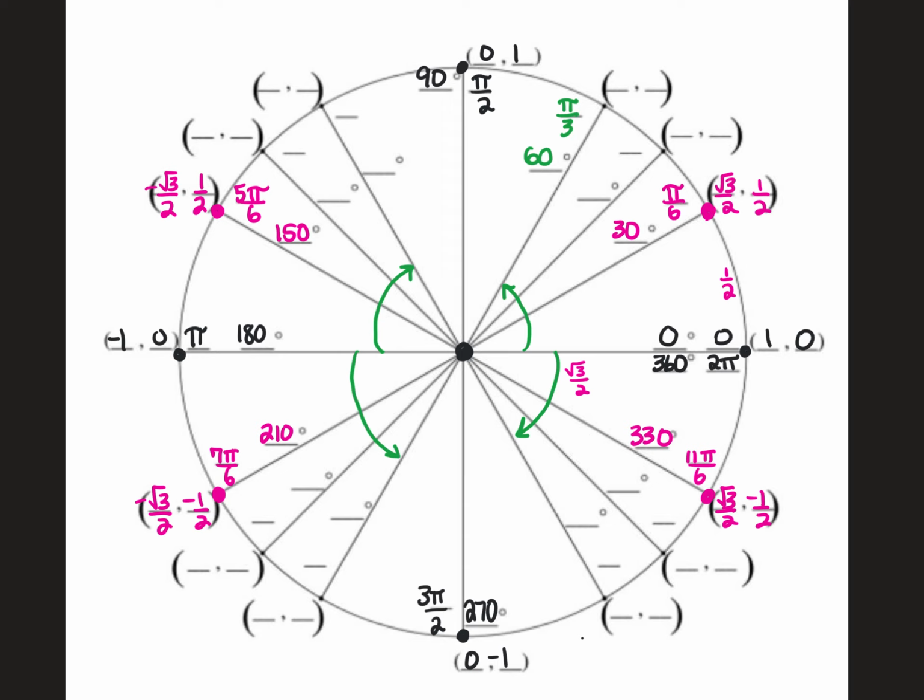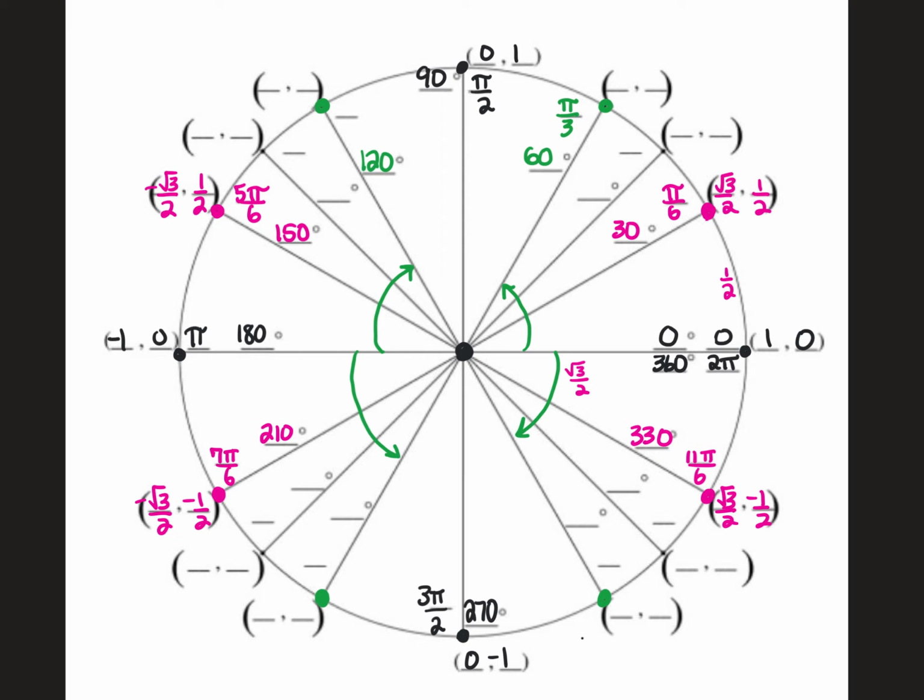To get to, let me put my points on here, each of these rotations, each of these points, I have to think about what my movement is around the unit circle. So I'm rotating from here all the way to here. But this angle represents a 60-degree difference from 180. So that's where the 120 is going to come from.